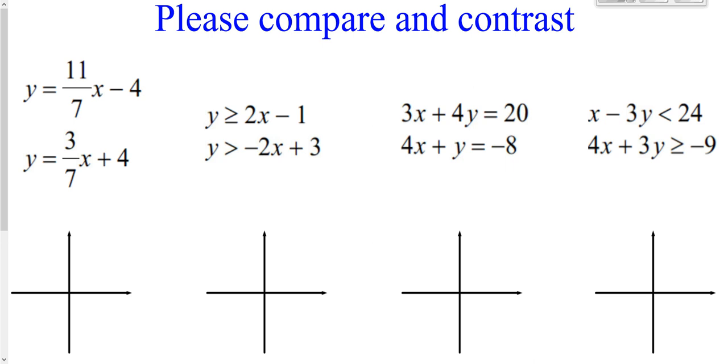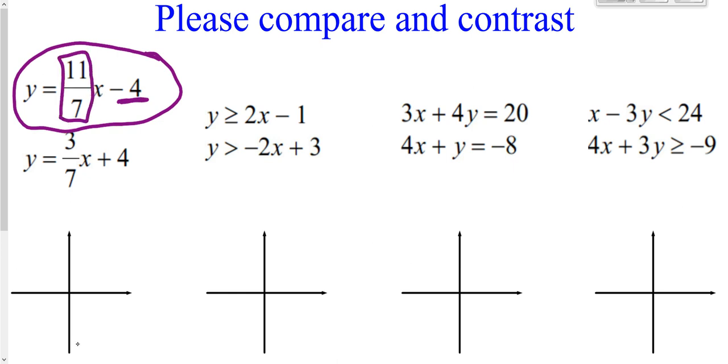So, as we look here, if we take a look at this first one, right here, we would know this is your y-intercept, this is your slope. So you could start at -4, then you go rise up 11 over 7, and then you could graph in your line.